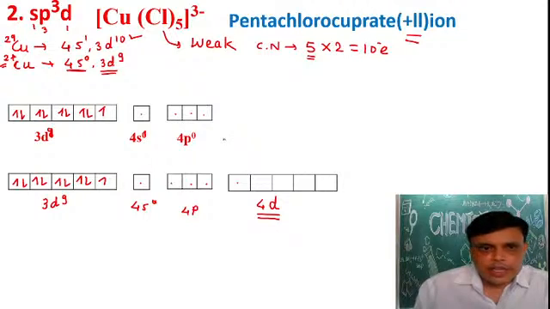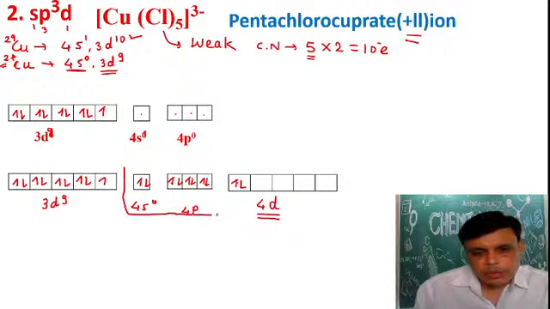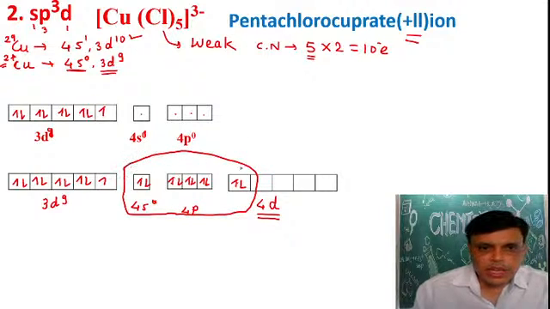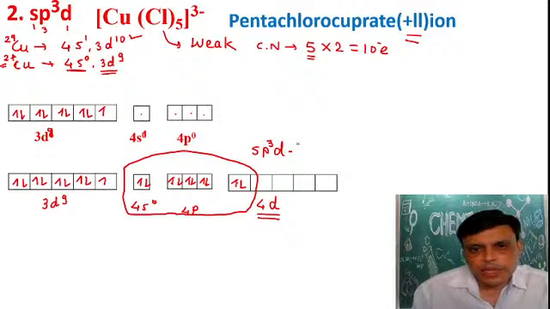So fill the 10 electrons now: 1, 2, 3, 4, 5, 6, 7, 8, 9, 10. Now what will happen? This 1s, 3p and 1d will undergo the hybridization process and they will give sp3d hybridization.